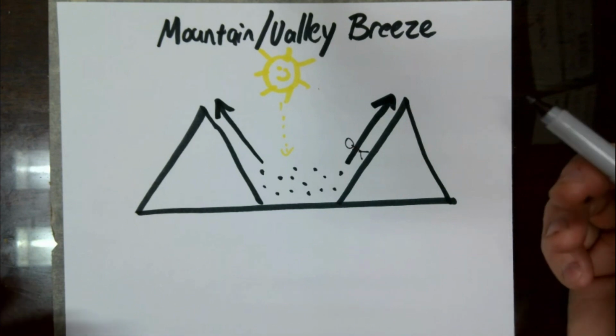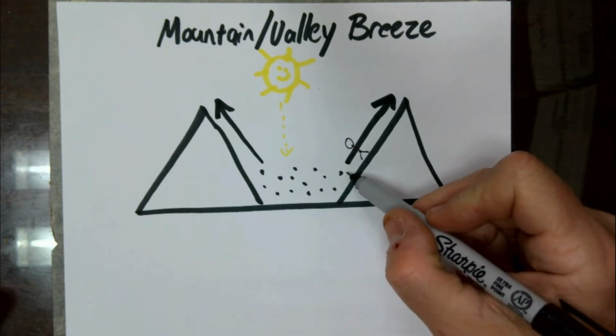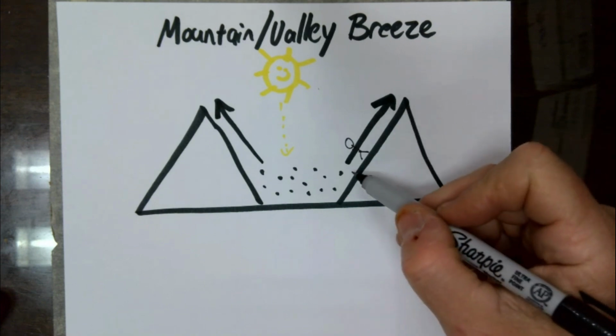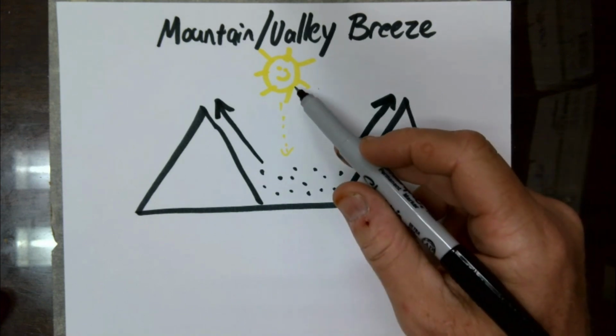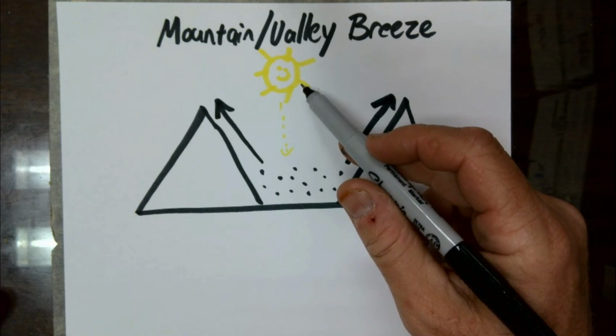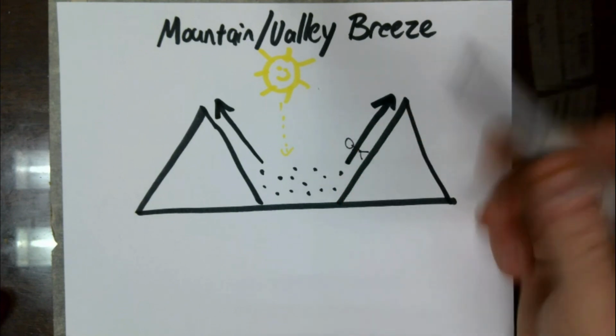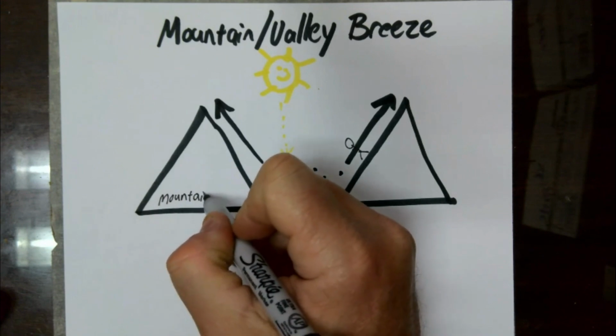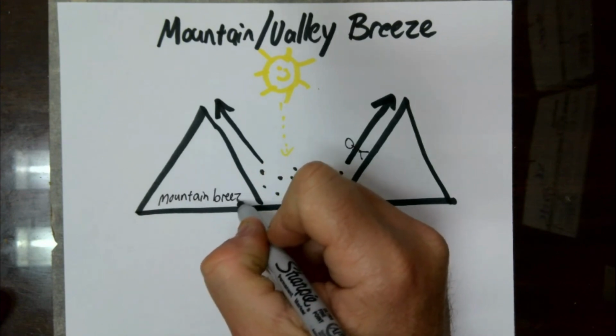You would feel wind. And you would feel the wind going up the mountain, because that's the way the air is expanding when it's getting hot from the sunlight. So what we have here is called a mountain breeze, because it is going up the mountain.